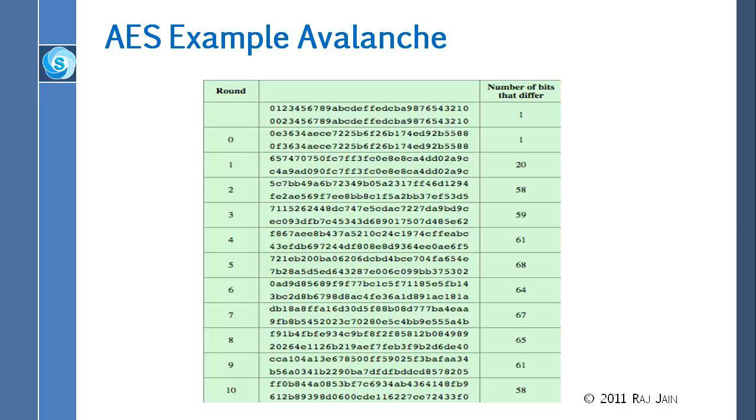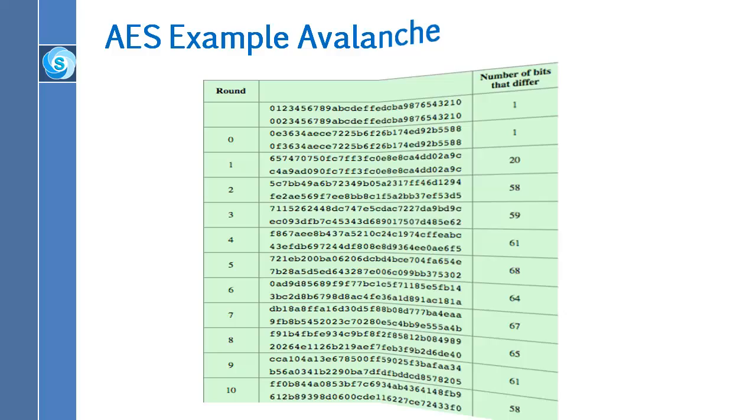The number of bits that are differing at the beginning of this whole encryption is 1 bit. And as we go round by round, at the end of the 10th round, they are differing by 58 bits. Half is 64, because here the block size is 128 bit, so close to 64.